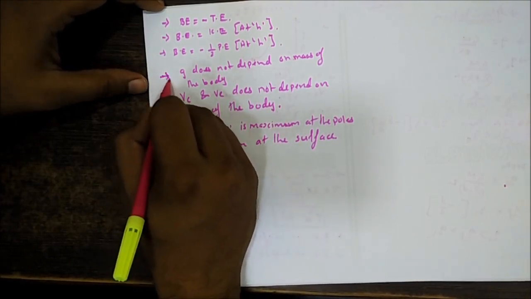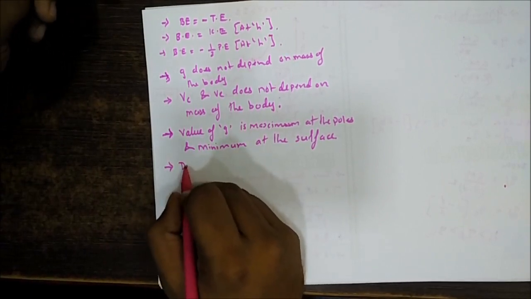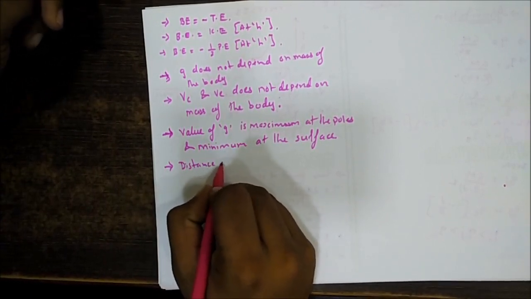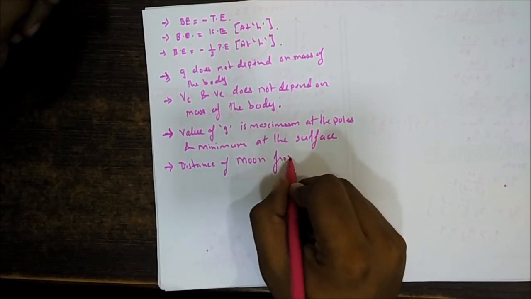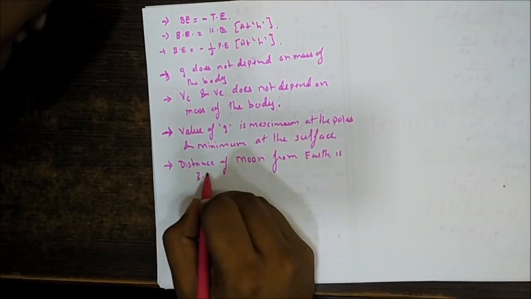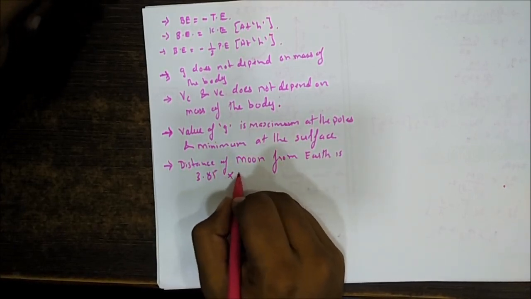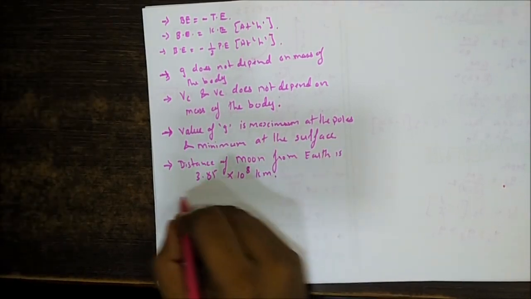Now, the distance of moon from Earth is 3.85 into 10 raised to 8 kilometers.